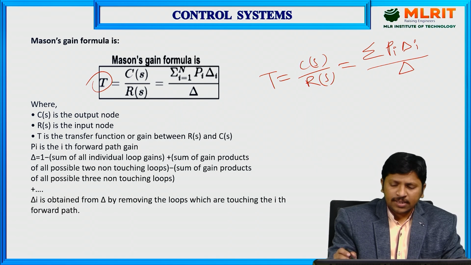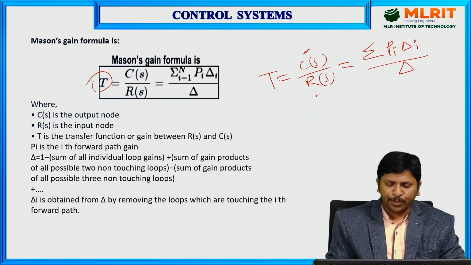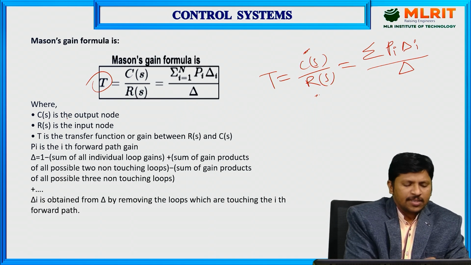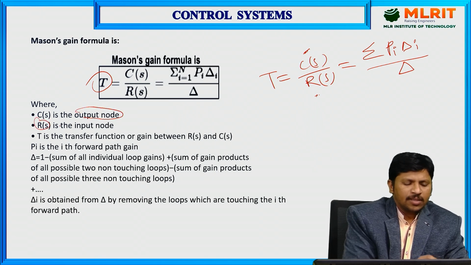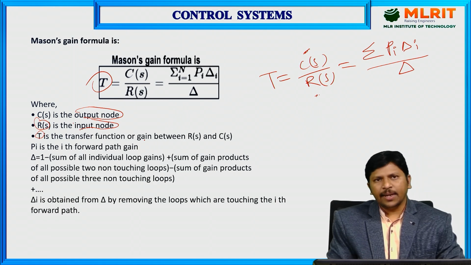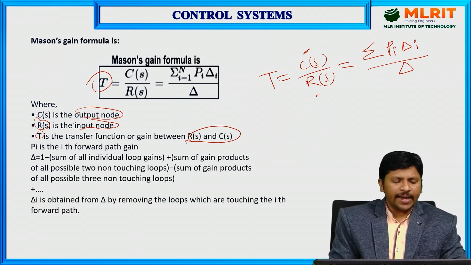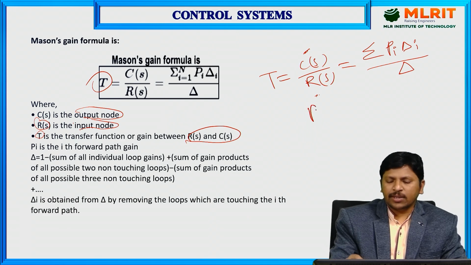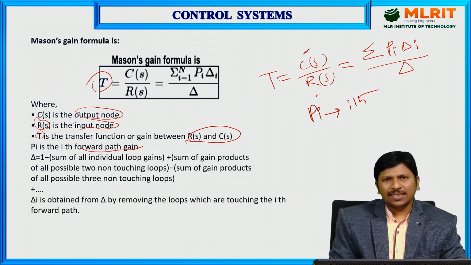Here C(s) is the output node and R(s) is the input node, and T is the transfer function or gain between R(s) and C(s). Also P_i is the ith forward path, that is, the forward path gain.